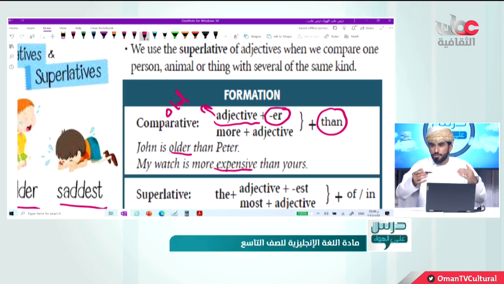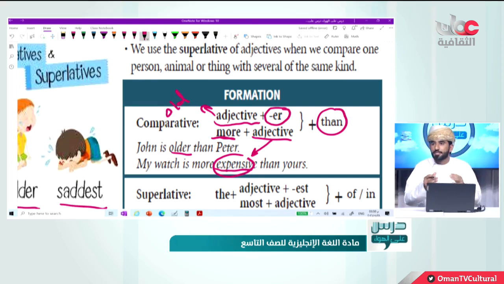But when it comes to an adjective that has more than one syllable, let's say 2 or 3, like the word expensive, for example, we say more first. And then the adjective itself, no changes at all. We don't add ER to the adjective itself. Why?